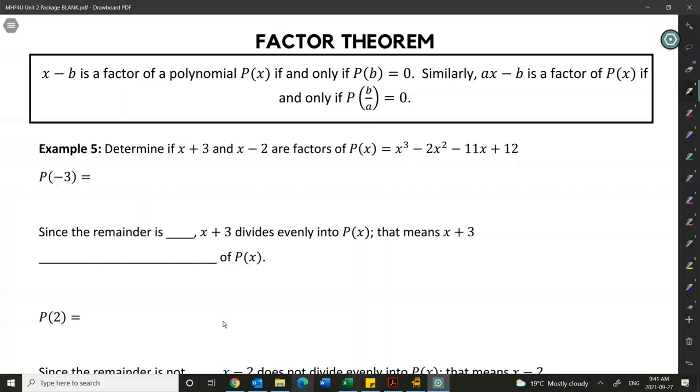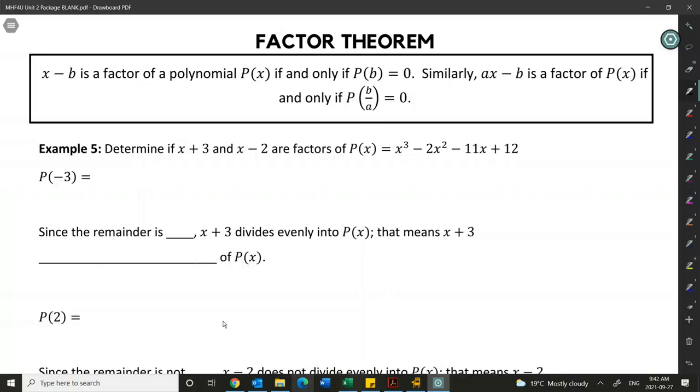Factor theorem follows immediately from remainder theorem, and it says that if we calculate the remainder for a linear divisor, x minus b or ax minus b, and we get 0, then we know that divisor is a factor of the polynomial.